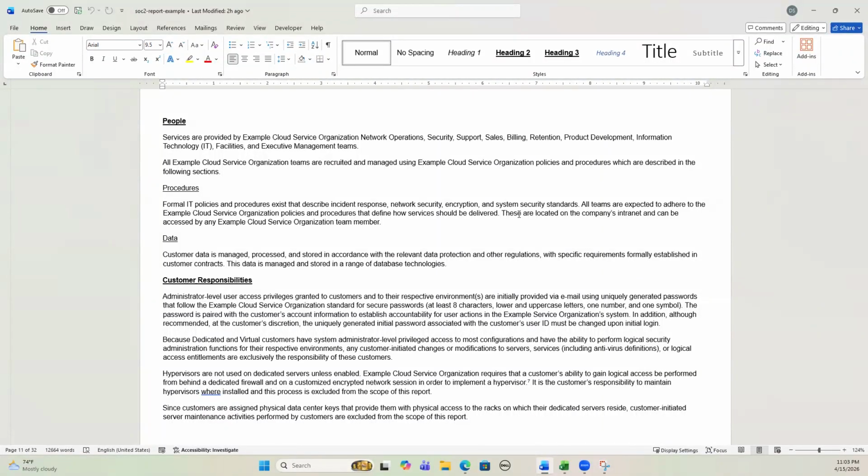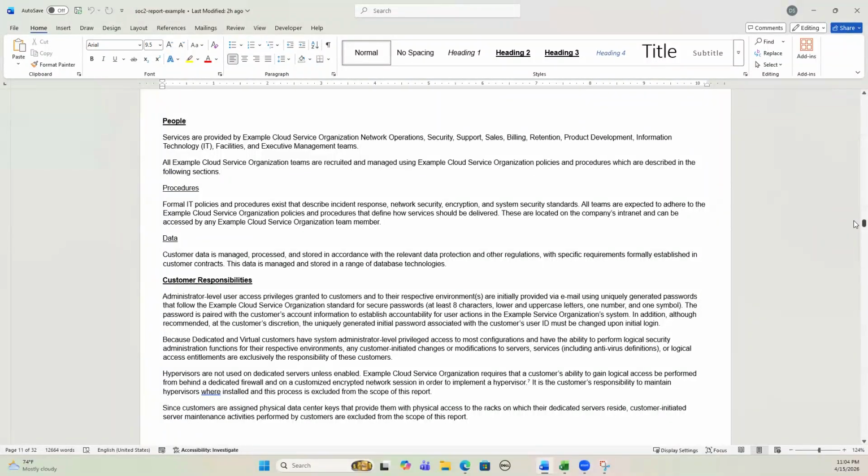This is not buried in fine print. It is literally in the system description. But most people reviewing a SOC 2 report never make it this far. So you should write down all of the information in the customer responsibility section, since every item on that list is a risk that lives in your organization and not theirs.